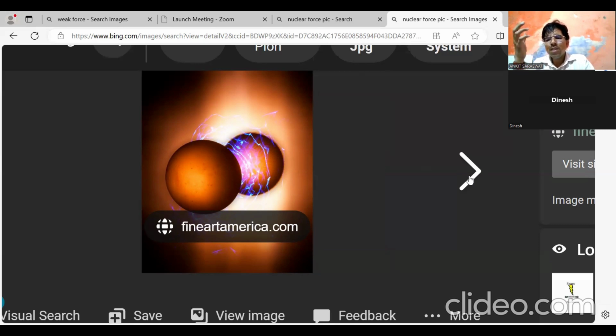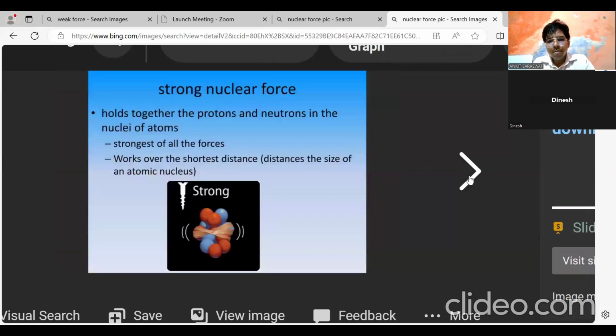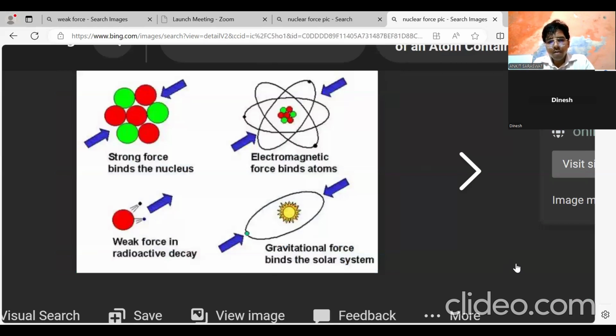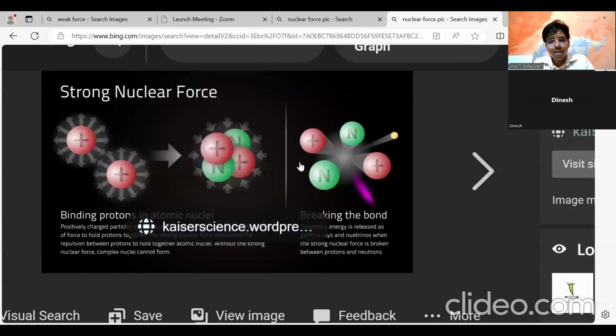Till now we don't know many things. Clear? Yes, sir. It is under research; we should do research. Okay. Yes, sir. That's true. Imagination, I think. It is binding proton in the atomic nucleus.